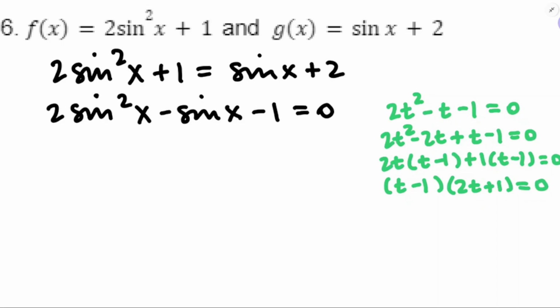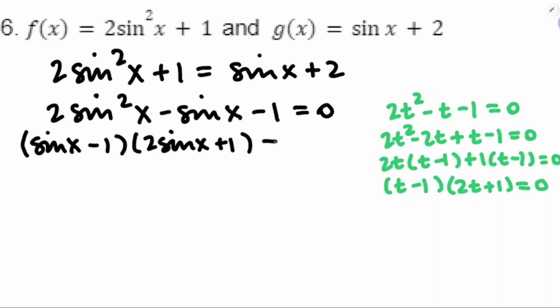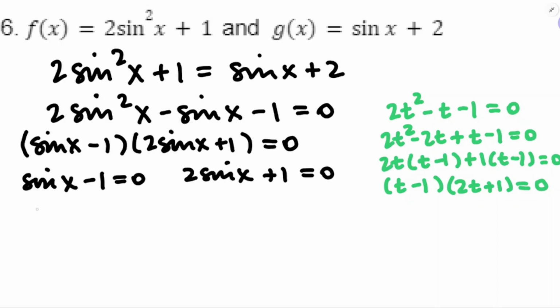Since t is sine of x, sine x minus 1 multiplied by 2 sine x plus 1 is going to equal 0. Then I'm going to set each of these equal to 0, so sine x minus 1 equals 0, or 2 sine x plus 1 equals 0.